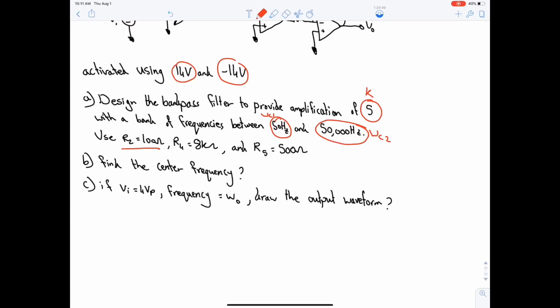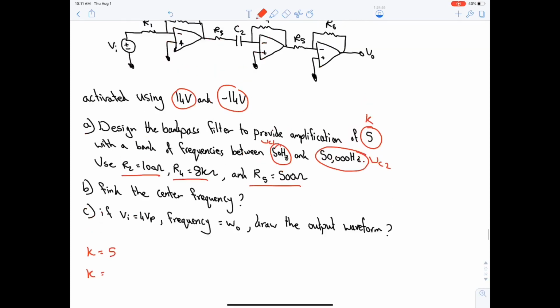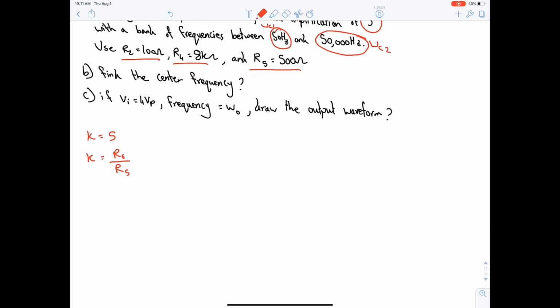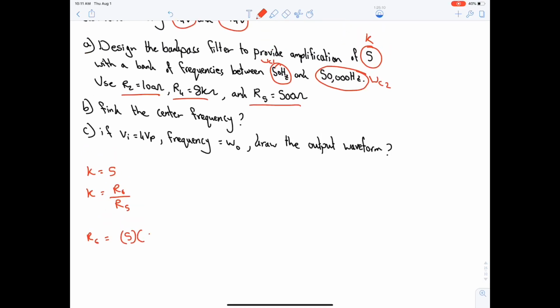We were given R2, R4, and R5. You have to find the rest. So K is 5, and we know that K is R6 over R5. So R6 will be 5 multiplied by R5, which is 500, hence 2.5 kilo ohm.